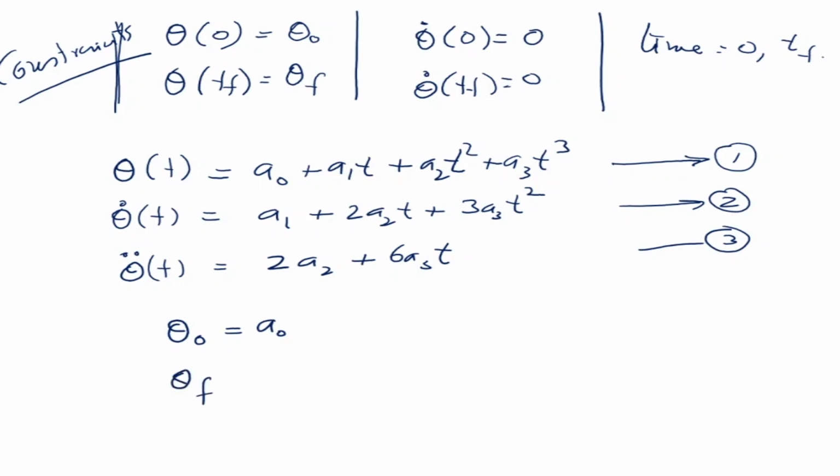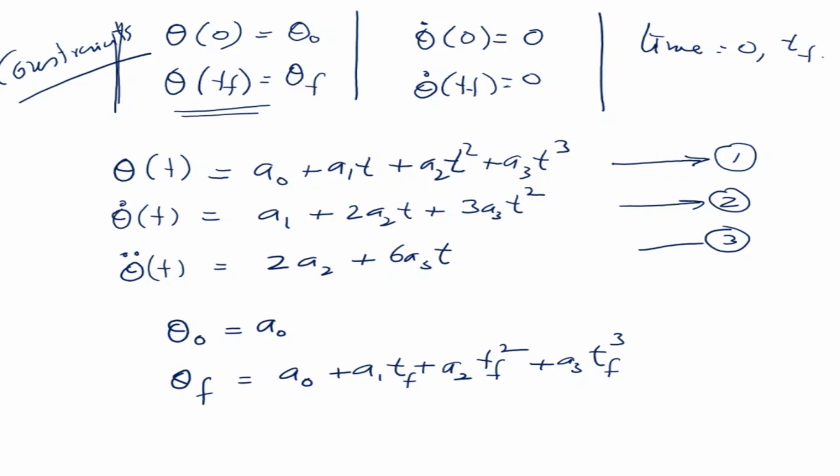So theta f is equal to a naught plus a1 tf plus a2 tf squared plus a3 tf cubed. I took the second constraint and put it in equation 1, and this is what I get. t has been replaced by tf. That's all. So these are the position equations.